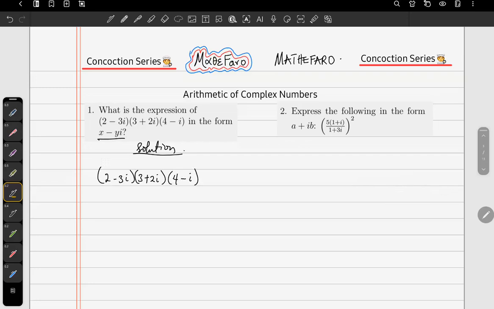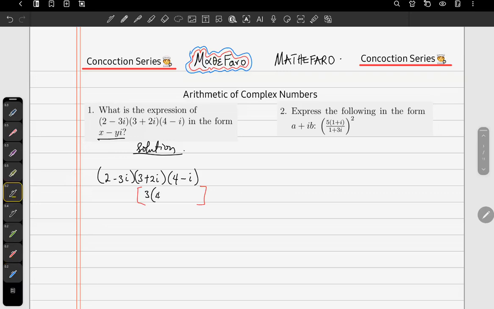When we want to multiply things like this, we take the first pair, multiply that, and then multiply it with the last term. It's either I do these two first, or these two first. It doesn't matter which one I do first. So I'm going to take the last two.